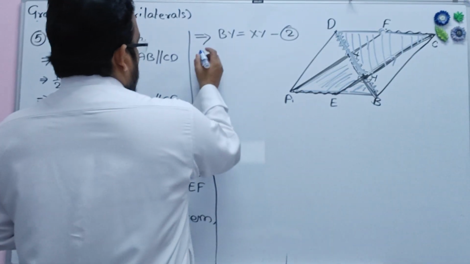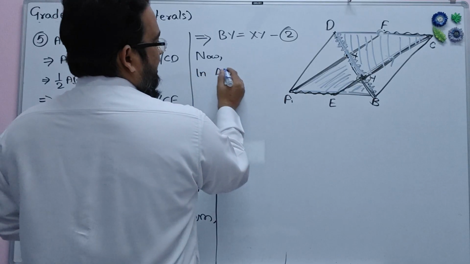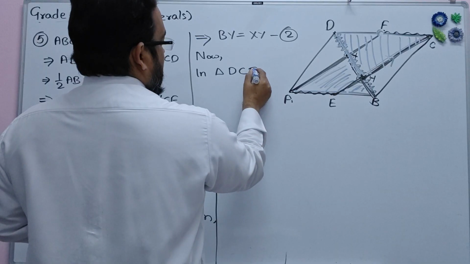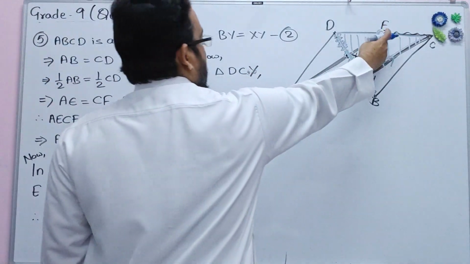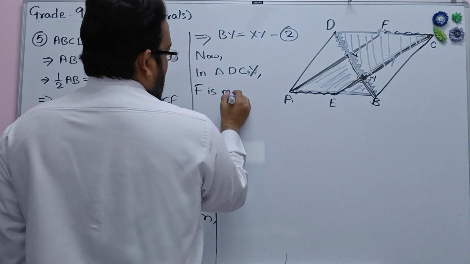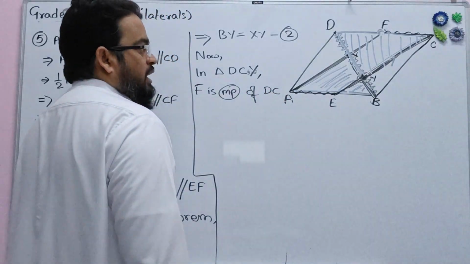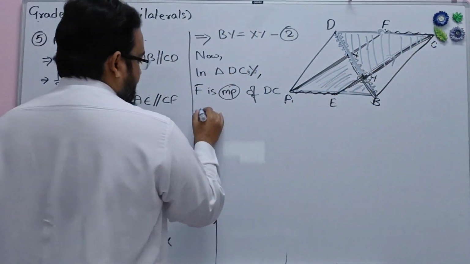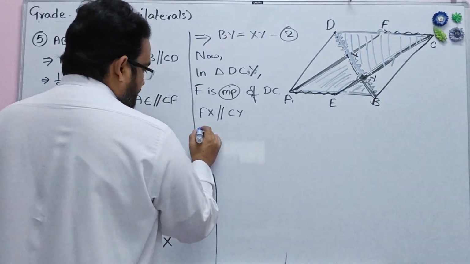Now in triangle DCY, F is midpoint of DC, okay, and FX is parallel to CY.